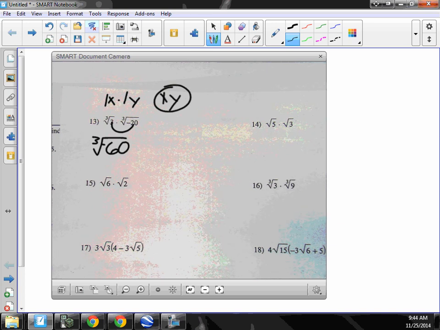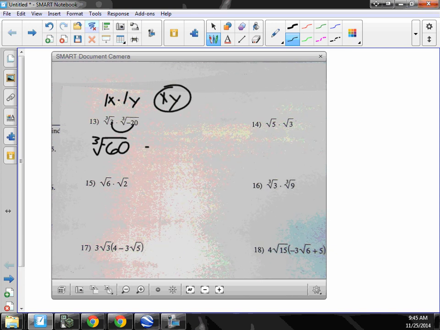What goes into 60? 2 and 30 breaks down into 5 and 6 breaks down to 2 and 3. Do I have 3 of anything? I have 2 times 2 times 3 times 5. So I can't bring anything out except for the negative. Is it an i or is it a negative? It's a negative.